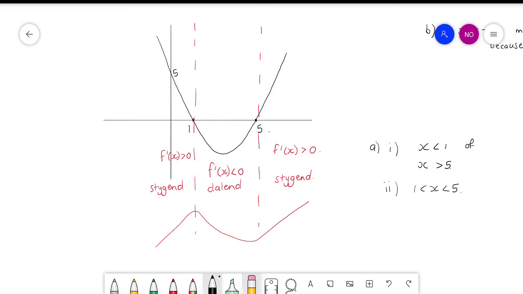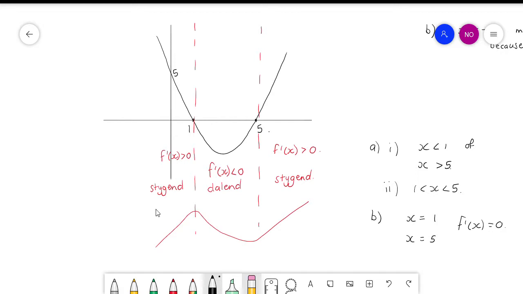As hulle vir jou sê by B gee die x-waardes van die draaipunte, sal dit wees waar die eerste afgeleide gelyk is aan 0. You didn't need to write that down, but that's how I know those will be the stationary points, because that is the x-intercepts of the parabola. Met ander woorde, dit is waar my eerste afgeleide gelyk is aan 0.